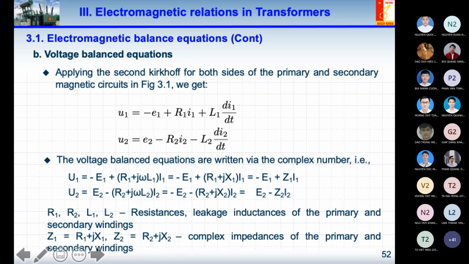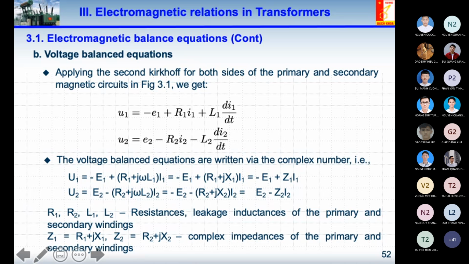And from that we get the magnetomotive force balance equation like this. For this case, you can see the no load current here and the full load current. It means I0 W1 is for the case of the transformer not being connected to the load, and on the right hand side of this expression is the case when the transformer is connected to the load.